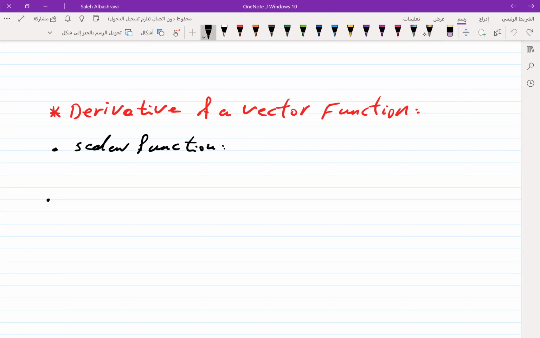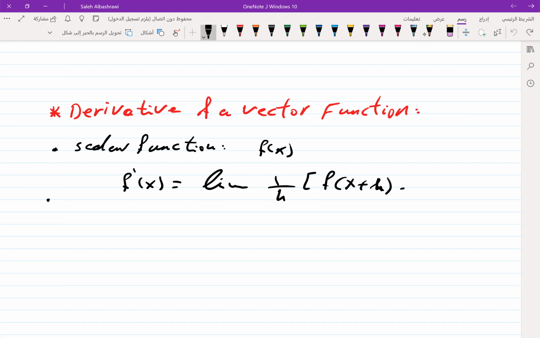The derivative for the scalar function is given by f prime of x equal to the limit of 1 over h times f of x plus h minus f of x. This is the definition of the derivative of a scalar function, provided that the limit exists.